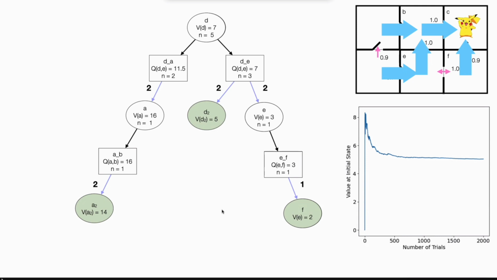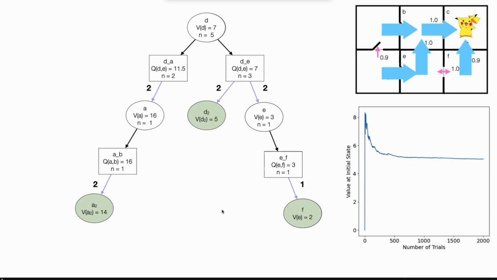And if you look on the right, this is from an implementation of this algorithm on the 6-room problem. You can see the value of the initial state, this is the value at D. This is the value of being in D, which is effectively the value of the optimal policy.